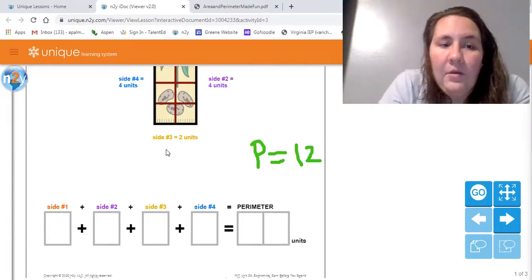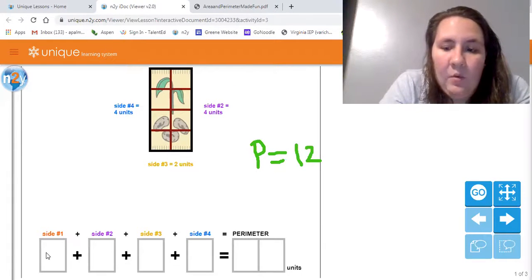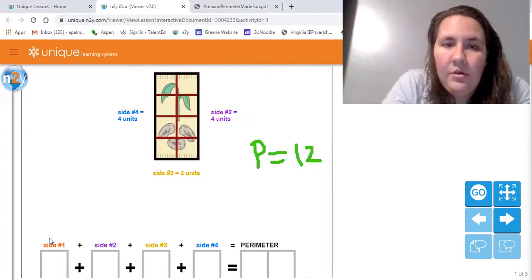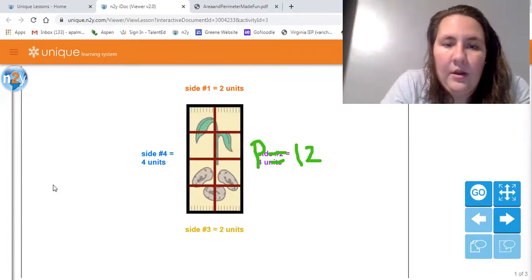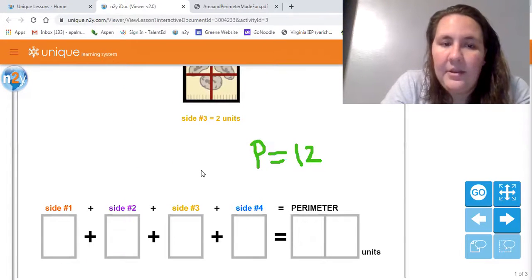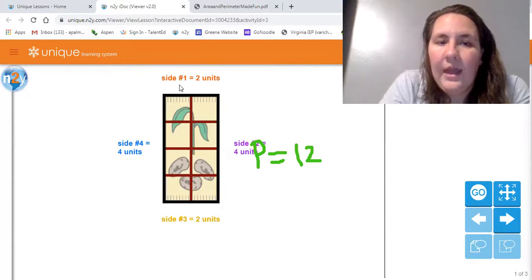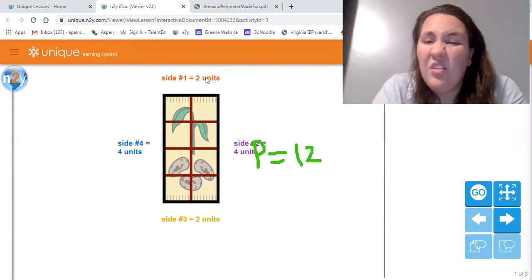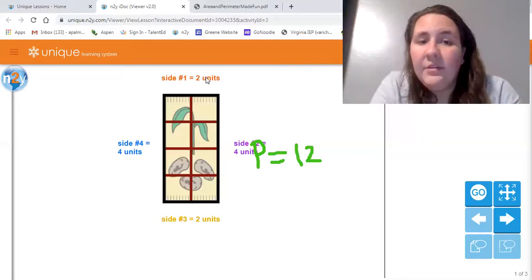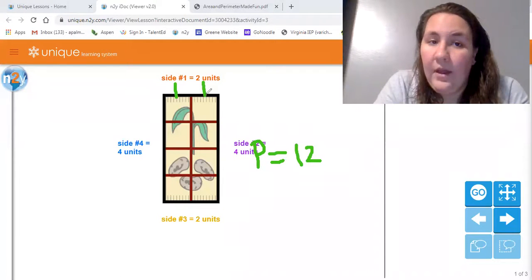So let's look at side 1, and it looks here like side 1 is orange, according to our math sentence down here. So side 1 is orange, and it says side 1 equals 2 units. So that means if they just counted that side, they would get 2. 1 and 2 for that side, okay?